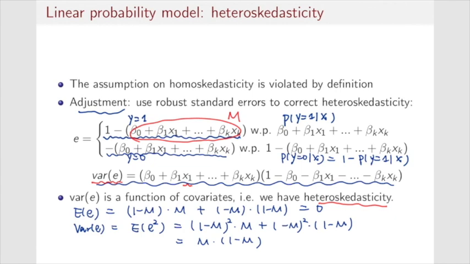What's the consequence of heteroscedasticity? We learned in previous lectures that the assumption on the variance of the error term does not affect the unbiasedness of the OLS estimator, but it is quite important for the efficiency property.